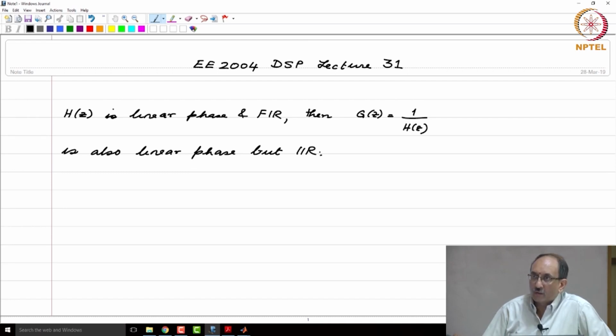The ideal low pass filter with a certain delay attached to it is also IIR and linear phase.